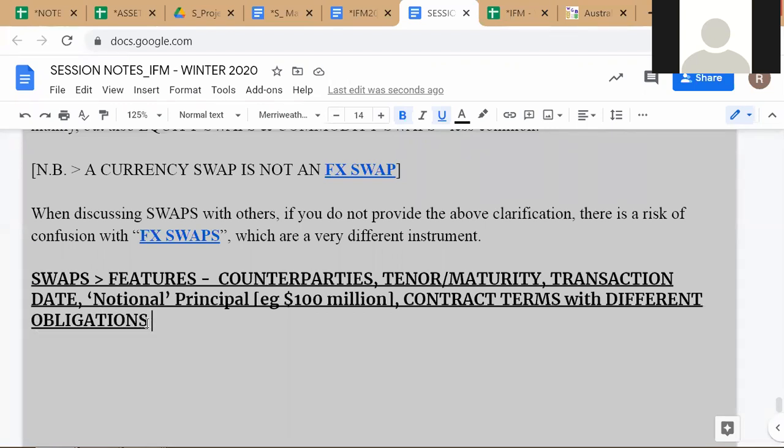If I'm going to give you a cup of coffee and you're going to give me a cup of coffee in return, then there's no incentive to do the contract because I already have the cup of coffee. So usually the fact that two parties are entering into a contract means that I'm going to give you X and you're going to give me Y, which is different from X. This is also something common to commercial contracts, which is contract terms.